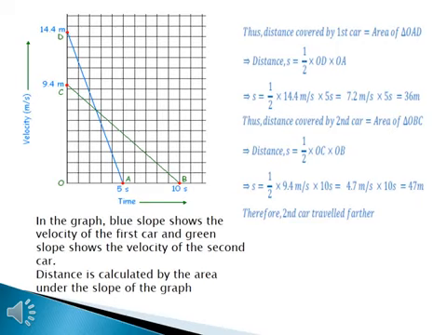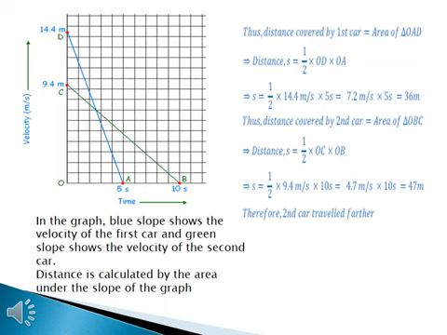For the second car, distance traveled S is equal to the area of the right triangle OBC, which is equal to 1/2 BH, which is equal to 1/2 into OC into OB.